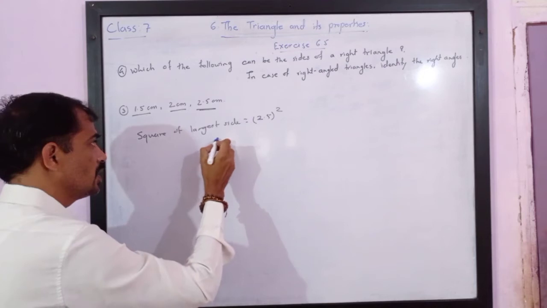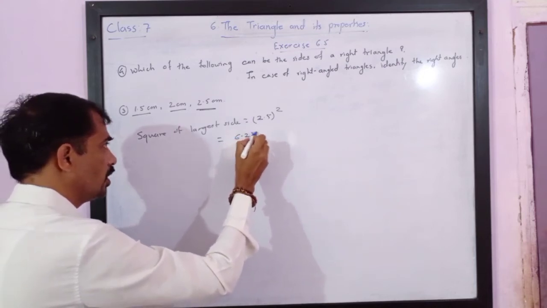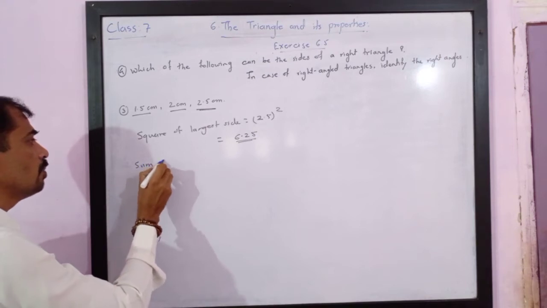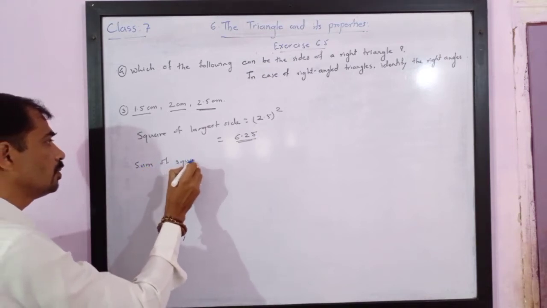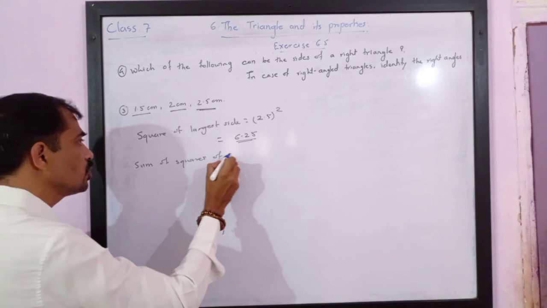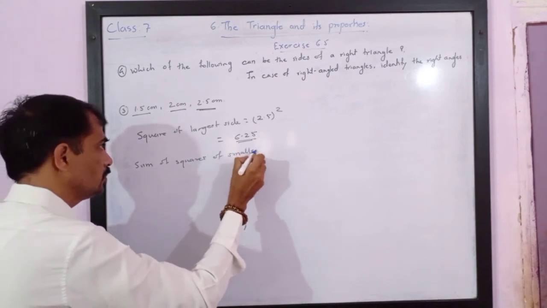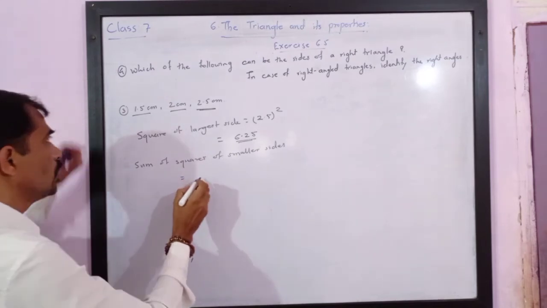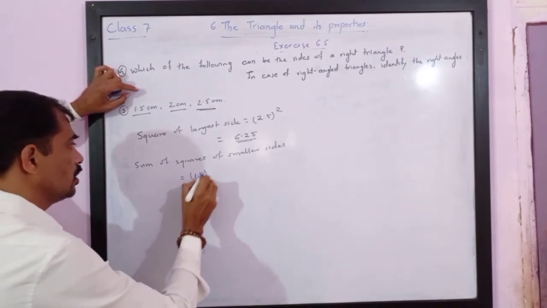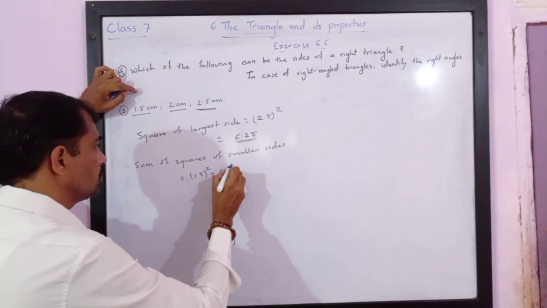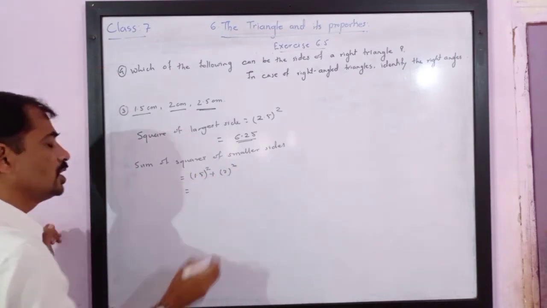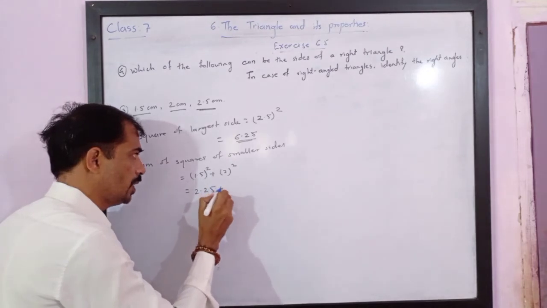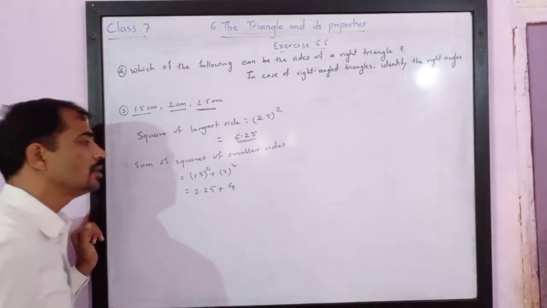Now 25 square is 625, so we will get 6.25. Now the sum of squares of smaller sides is equal to 1.5 square plus 2 square. 15 square is 225, so this 1.5 square will be 2.25 plus 2 square is 4.